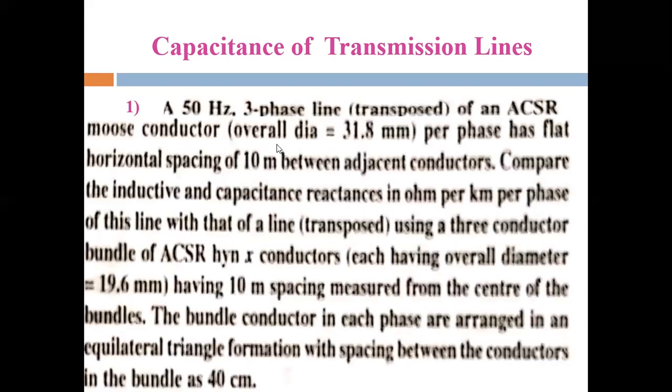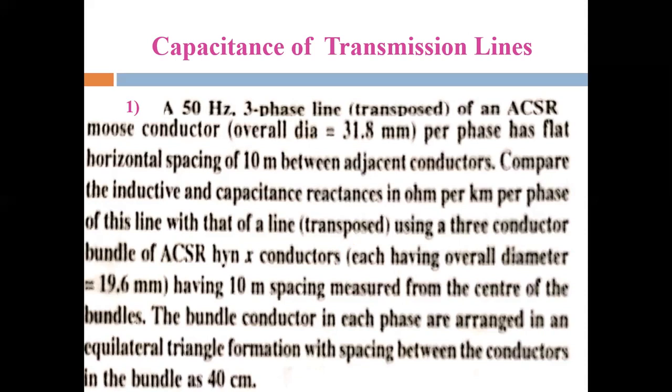Next, coming to the problem: a 50 Hz three-phase transmission line, transposed. Three-phase means A, B, C. Transposed conductors means the order changes to CAB and BCA.